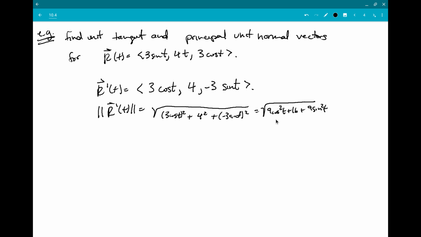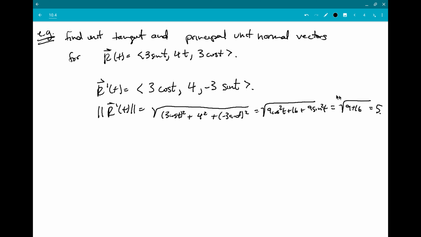And then remember that cosine squared plus sine squared is 1. So this whole thing right here is going to just be 9 altogether. I think you all would have used a rule similar to that in WeBWorK recently. So that's just square root 9 plus 16, square root 25, that's just 5.